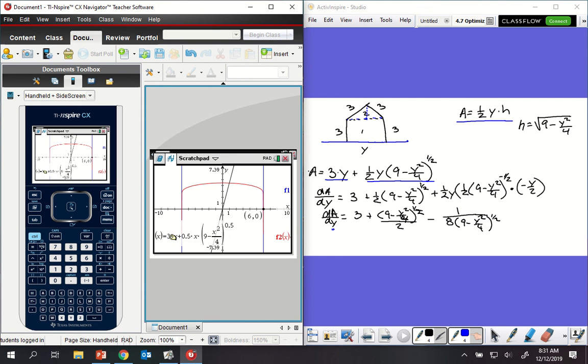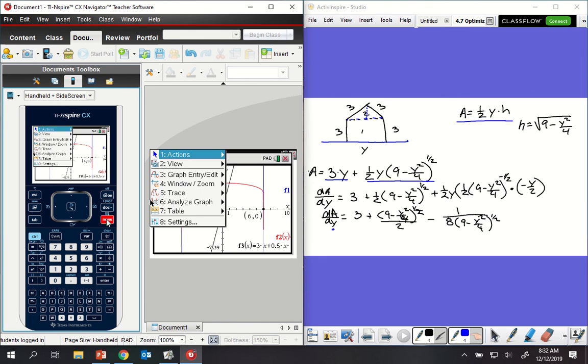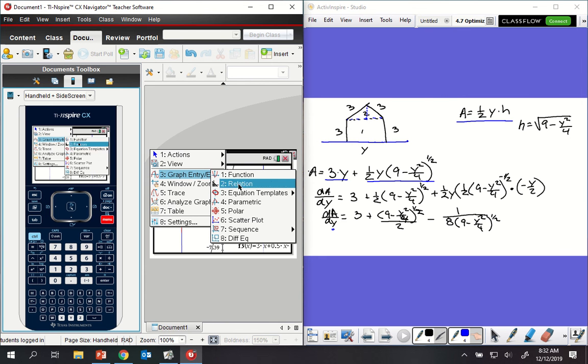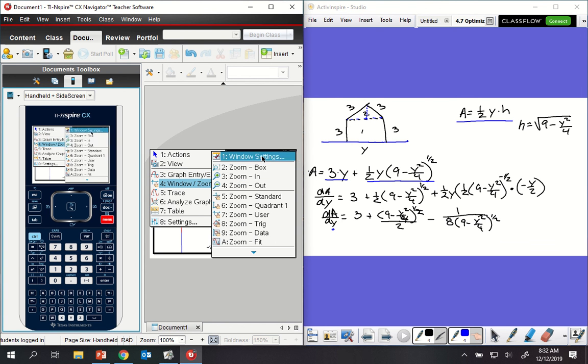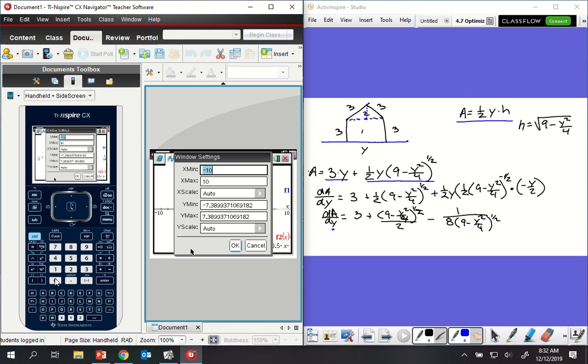That is my function. I'm trying to find min and max. So let's go with window and 0.